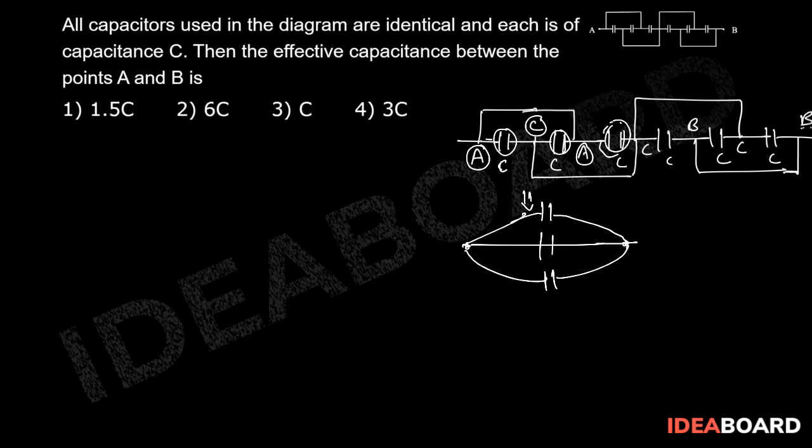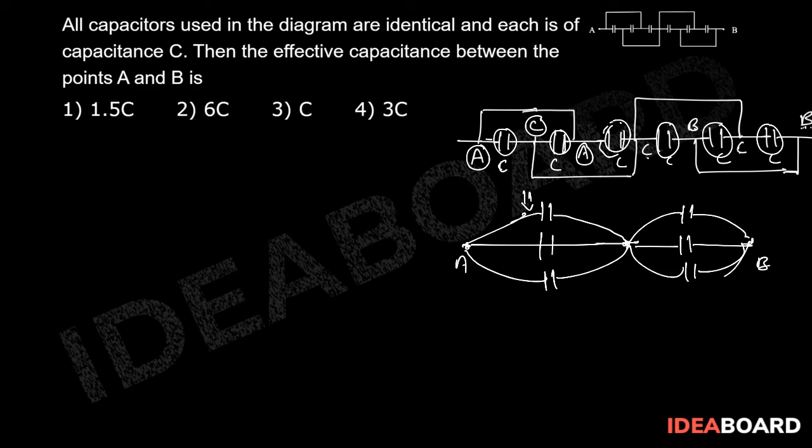Similarly, this point is C and this point is B, the final point. So you can see B and C one capacitor, B and C another capacitor, and B and C another capacitor. That means 3 similar capacitors are there between B and C. So we can make it like this.